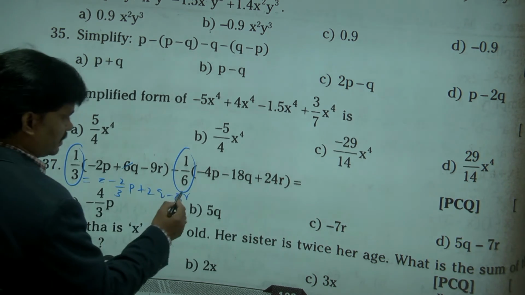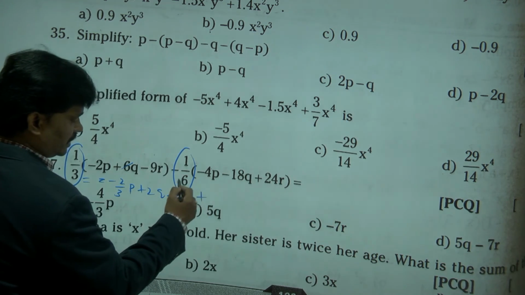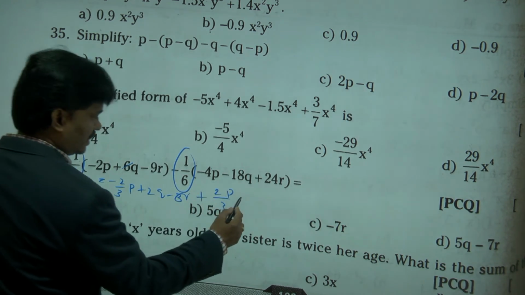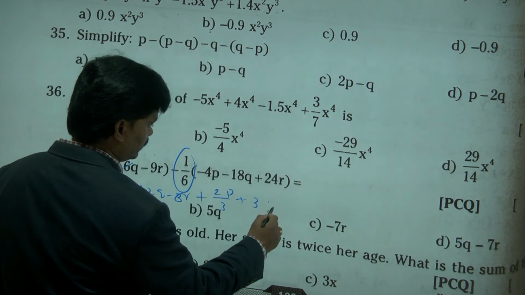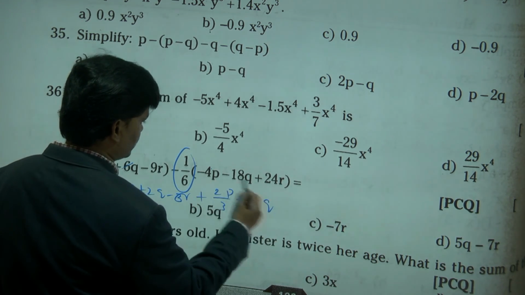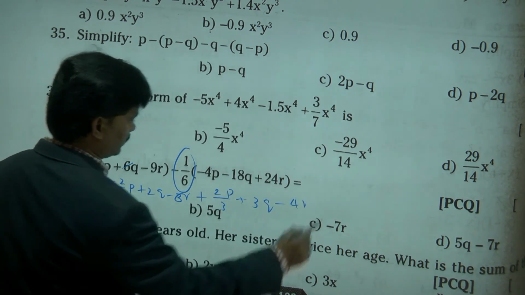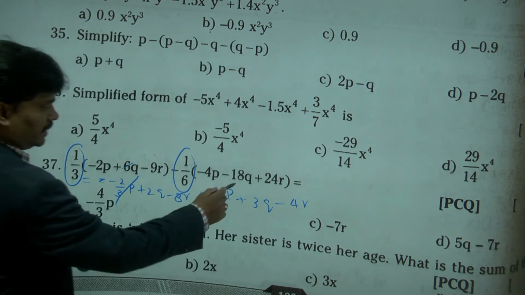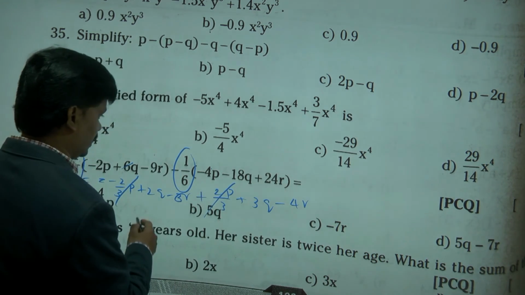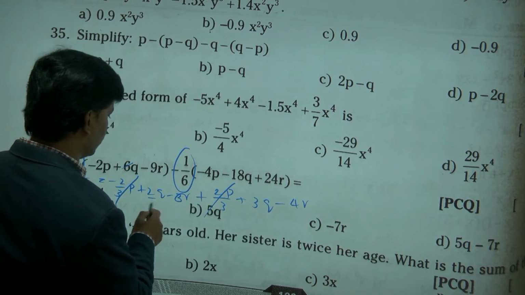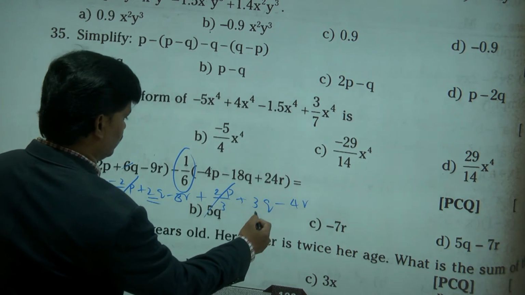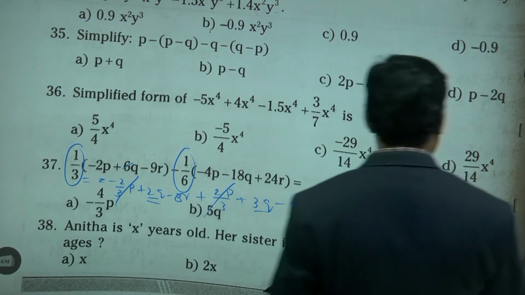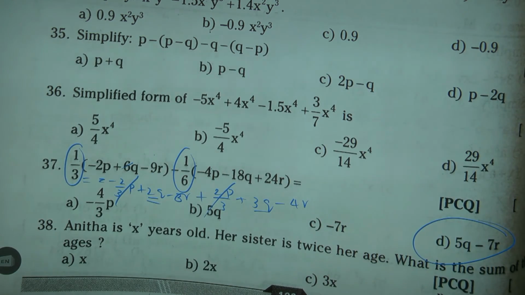And the second expression, minus and minus plus, and here 2 times 2p by 3, and here 3 times, again minus minus plus 3q, here 4 times minus into plus minus 4r. Right, any cancellations? Minus 2 by 3p plus 2 by 3p cancel, and 2q and 3q, 5q will come. Yes, here is the answer, 5q minus 7r.